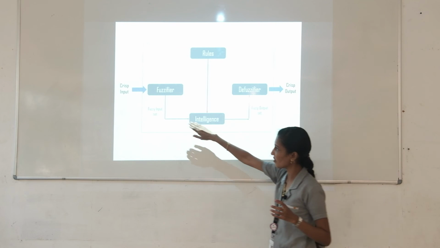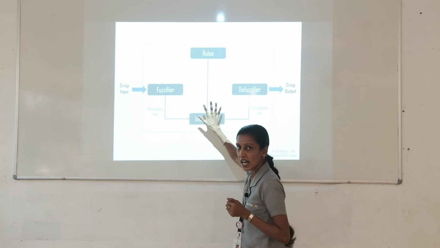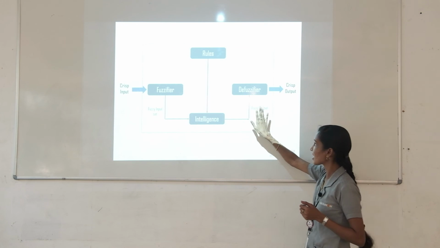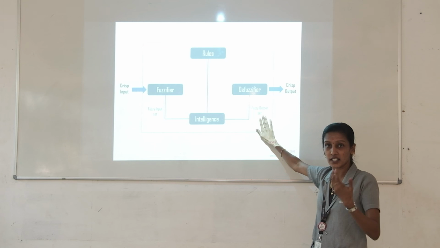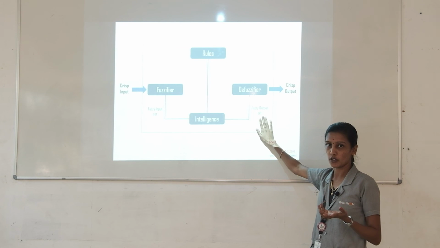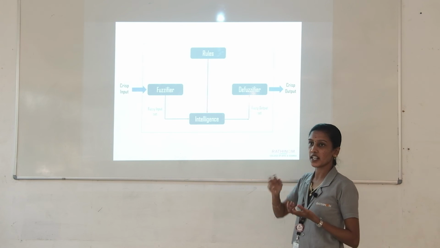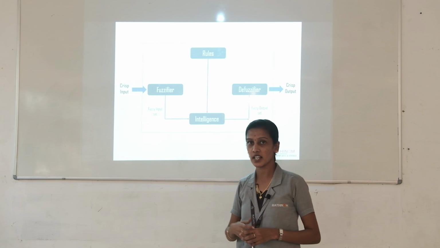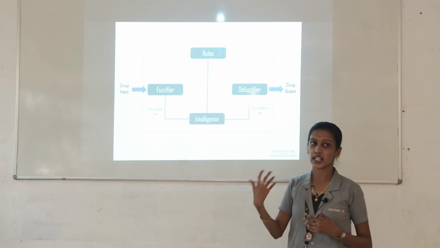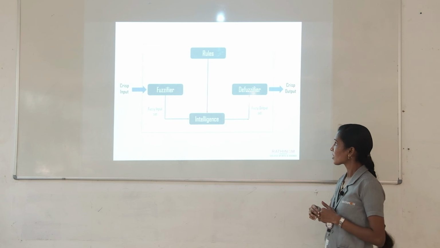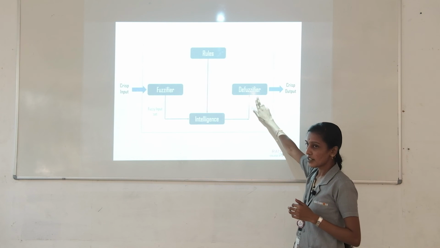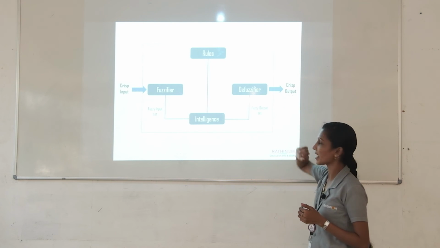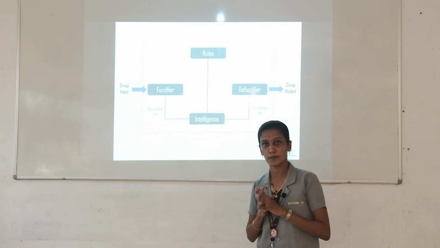Since here we are taking a fuzzy input, after the intelligence part, this must be obtained as a fuzzy output. Okay, so this defuzzifier again will convert the fuzzy data into crisp output data. So after the defuzzifier process, we will be getting the result as a crisp output.